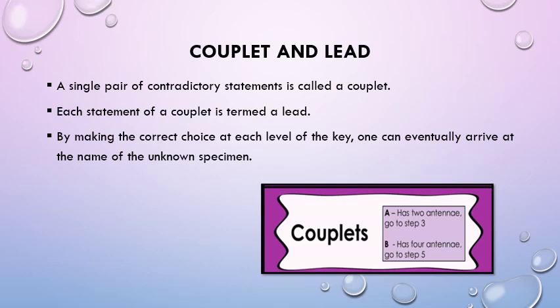If we read both statements, they make a couplet, and if you consider just one statement of the two, it is called a lead. By making the correct choice at each level of the key, one can eventually arrive at the name of the unknown specimen. At every step of the key we have one couplet, and from it we accept one lead and reject the other, and in this way we can identify our unknown specimen.